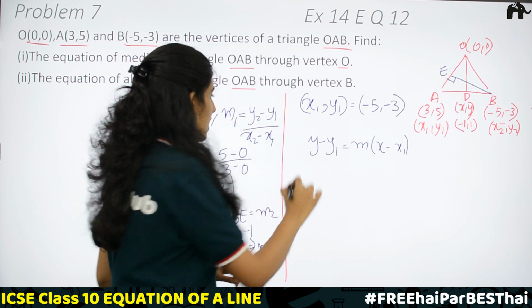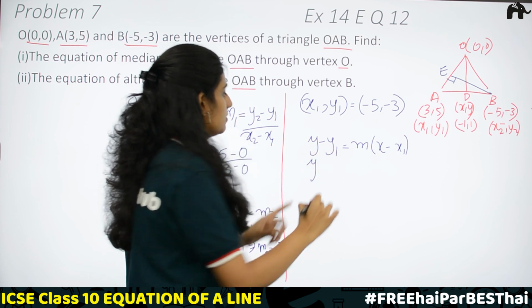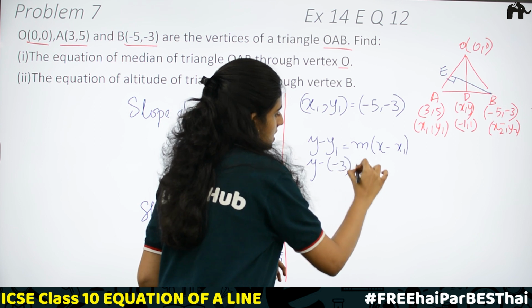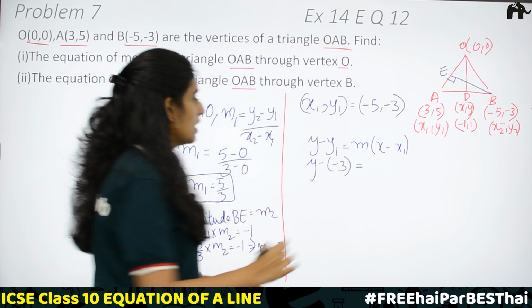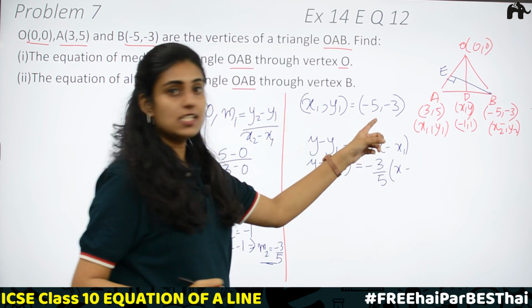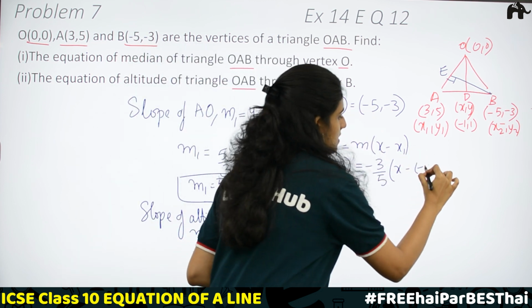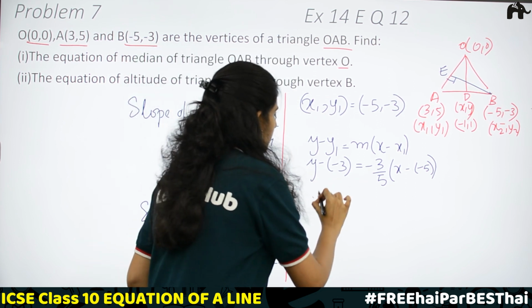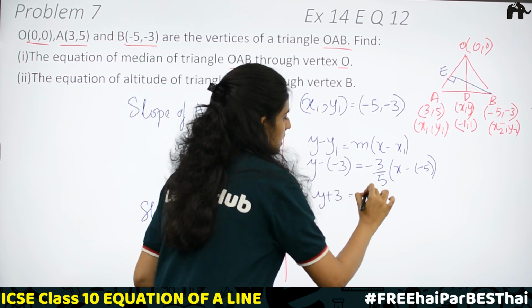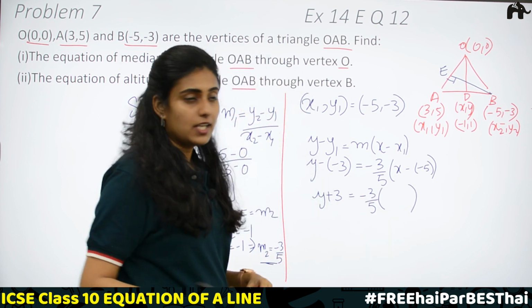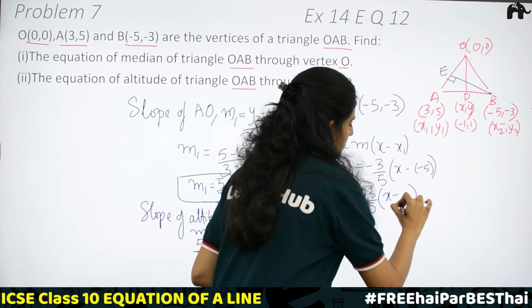Put the values. Y minus y1, which is minus 3, is equal to slope m, minus 3 by 5, into (x minus x1), x1 is minus 5. Okay. Y minus of minus 3, y plus 3, is equal to minus 3 by 5 into (x minus of minus 5), x plus 5.